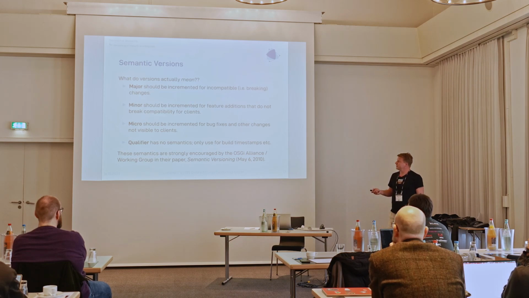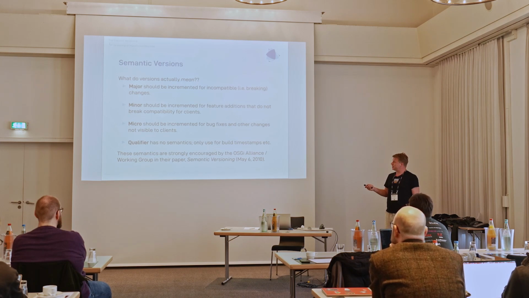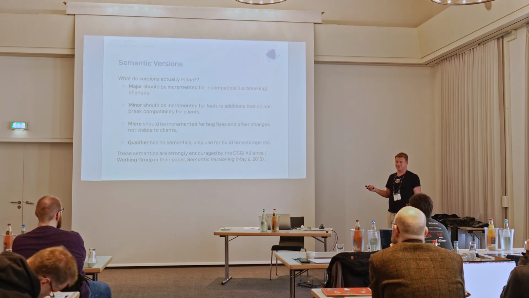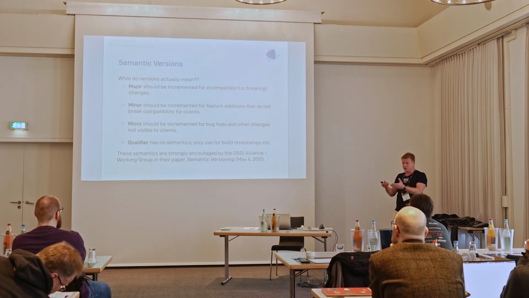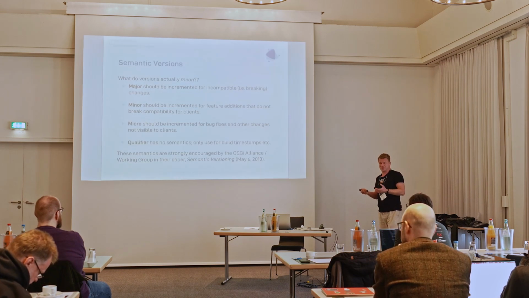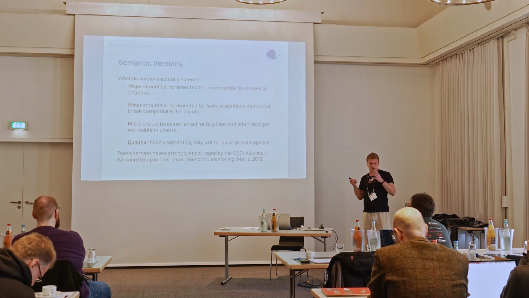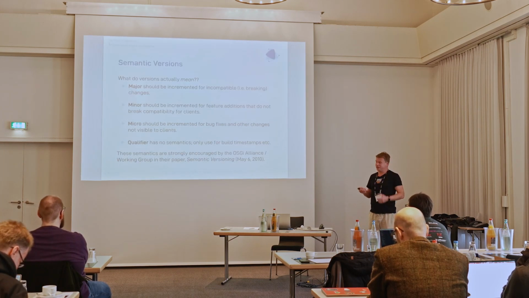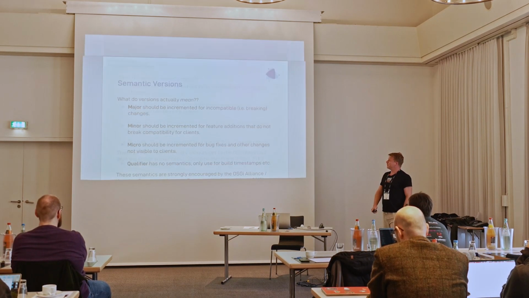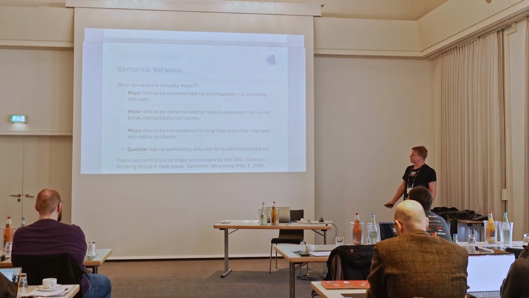The micro part of your version should be incremented at every bug fix, every change you make, which has no real visibility or impact on the client itself. Client, in this case, is always the user of your API, of your package, of your bundle. So if you make a micro change, everybody can be sure, hey, I can still use it without doing anything about it.